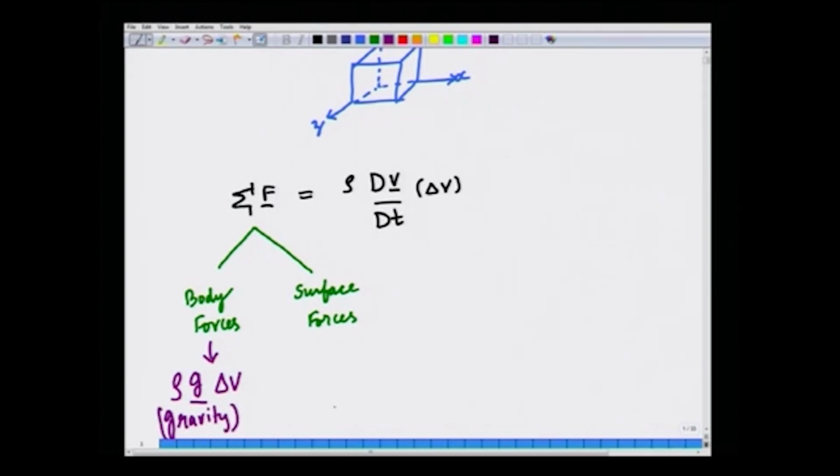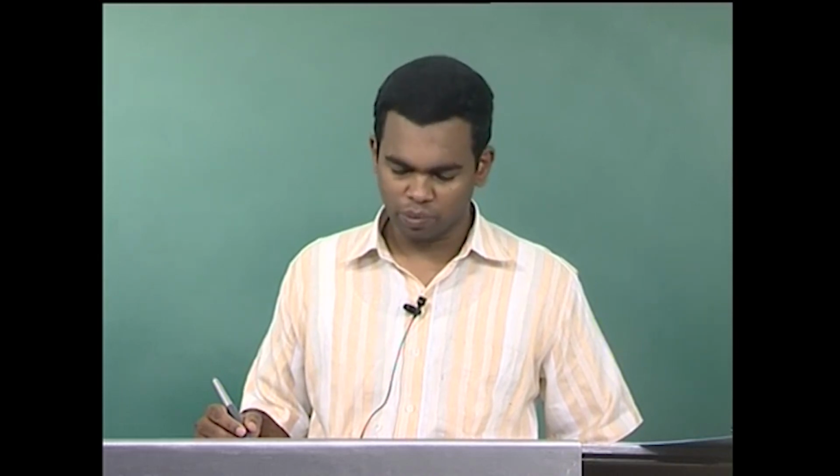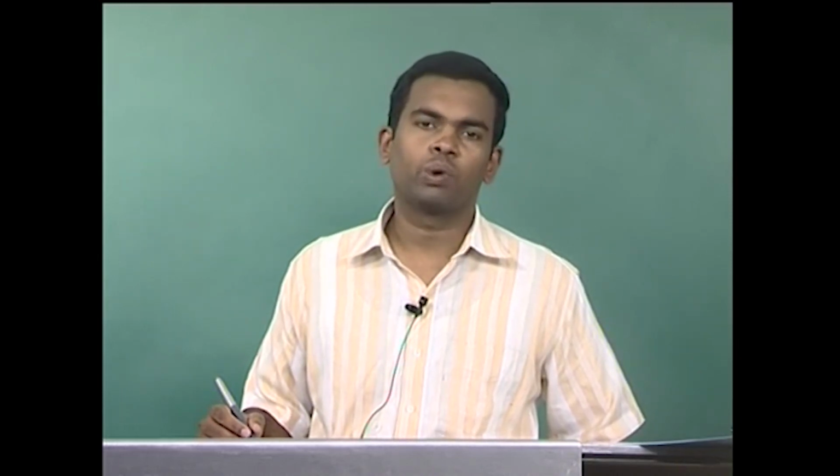There could be other body forces such as electrical body forces present in ionic liquids or magnetic body forces. Those will not be of concern to us in this introductory course. Okay. But the most common body force that is encountered in many applications is of course gravity. So, that will be the force that we will include in this discussion in our course.